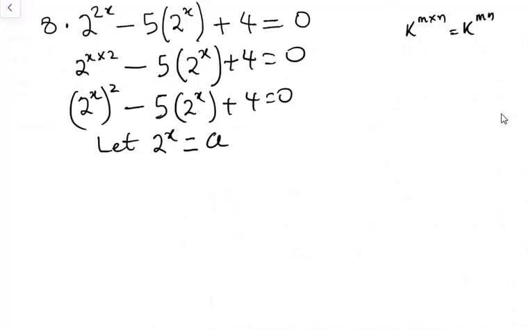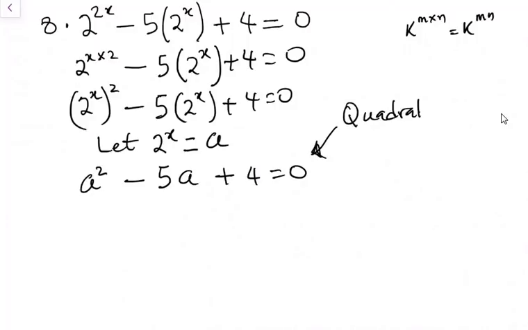So now, in place of 2 raised to the power x, we have a squared minus 5a plus 4 equals 0. This is called a quadratic equation, and by the time we solve for a, we're going to have two values.